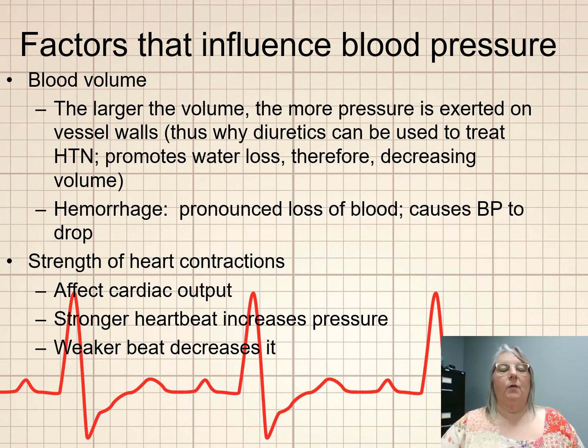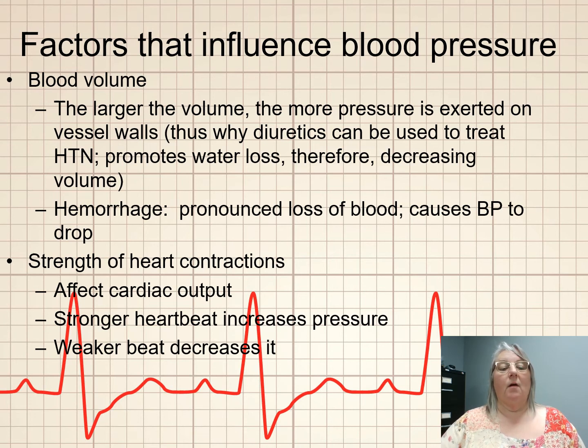So if you are going to lower that blood pressure, what would you want to do? Well, you would want to take off some of that volume. And so that's why we will use medications that will help you urinate more so that we have a lower amount of volume in the system.